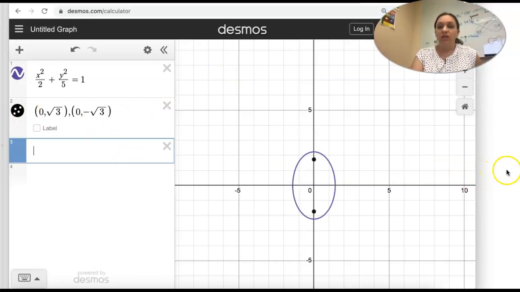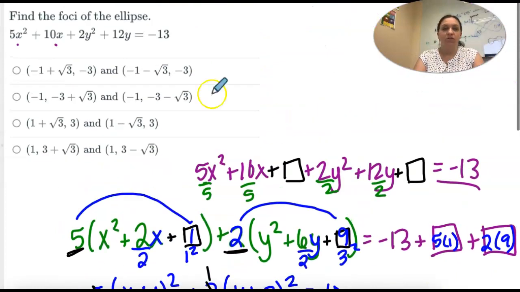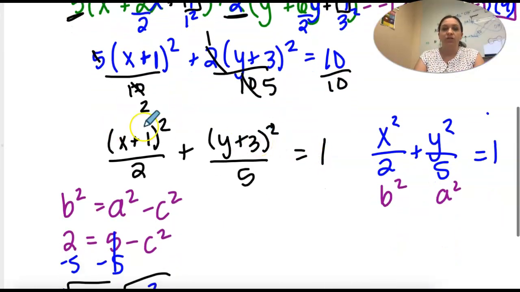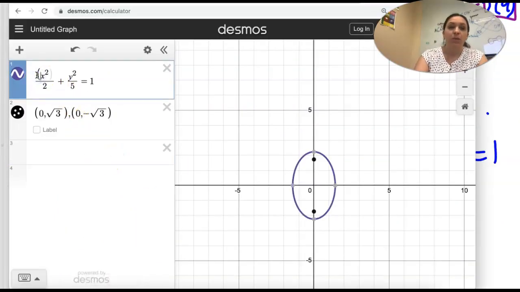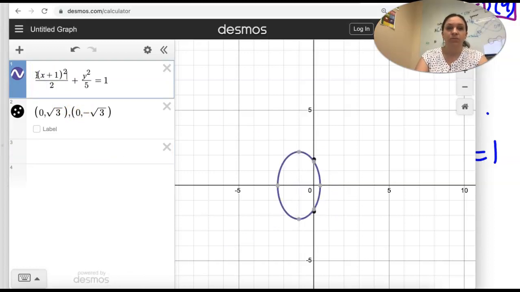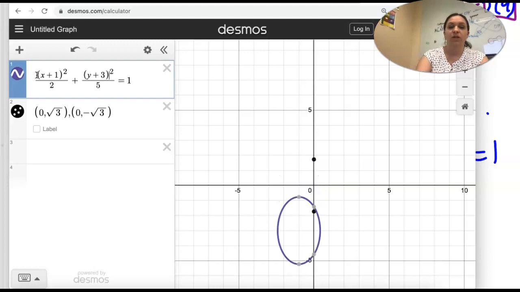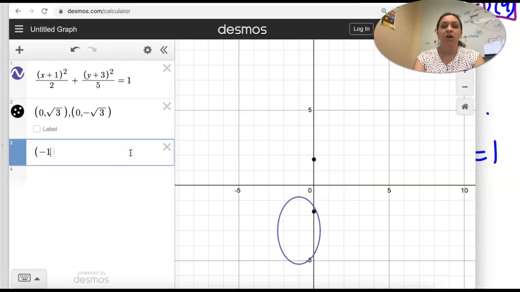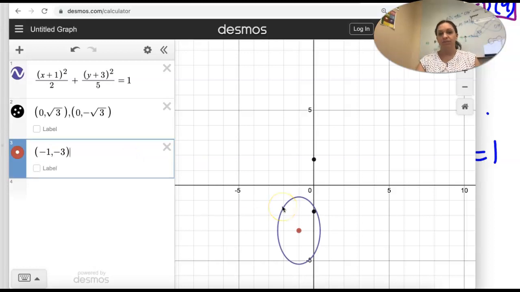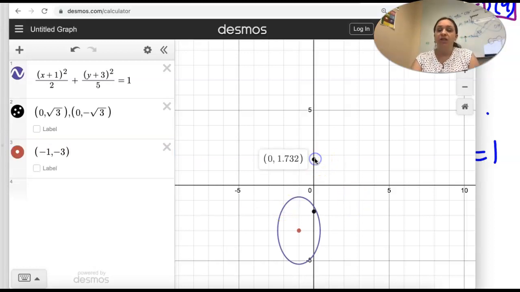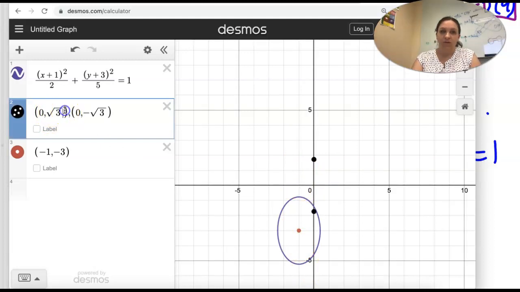So now we need to shift our ellipse. Okay, we're actually going up 1 plus 3, but that means that we're actually going back 1, right? Plus 1, plus 3. That makes the new center at the opposite sign, negative 1, negative 3. So I need to shift these points back 1, down 3. Back 1, that's the x-axis.